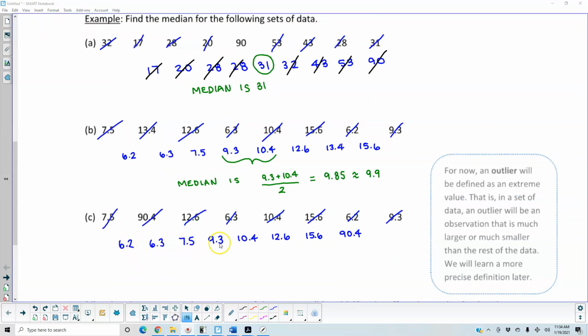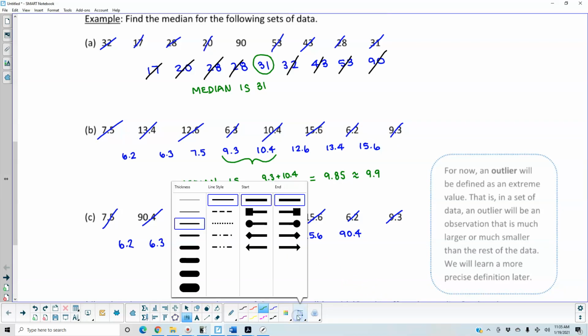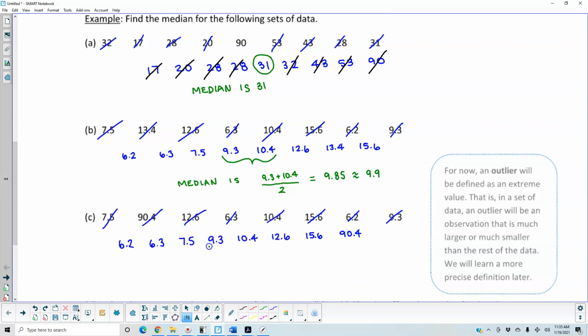So let's count up our numbers: 1, 2, 3, 4, 5, 6, 7, 8. In this case, we have an even amount of numbers, so we need to take the middle two numbers and divide their sum by 2 to find the median. The two middle numbers are 9.3 and 10.4.